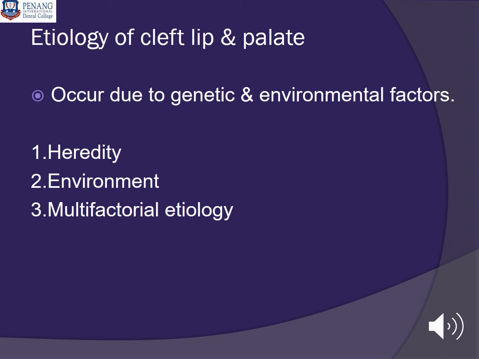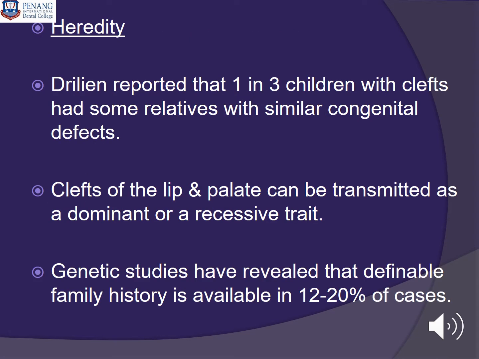So now we will look into the etiology of cleft lip and palate. It can occur due to genetic and environmental factors, and I will explain one by one. It's either hereditary, environmental, or multifactorial etiology. Now we will look into hereditary.